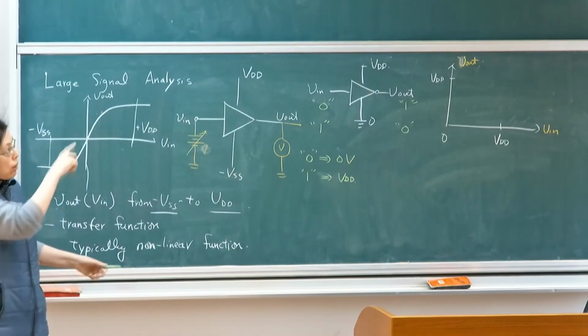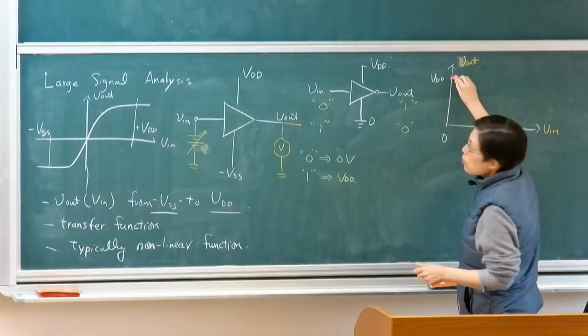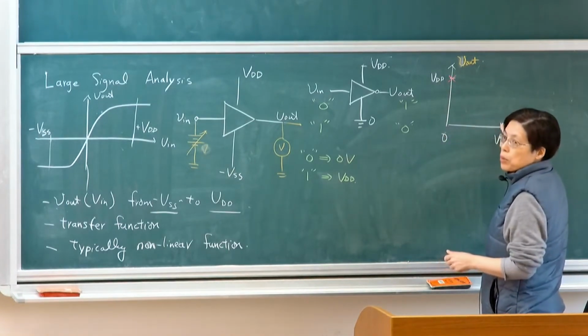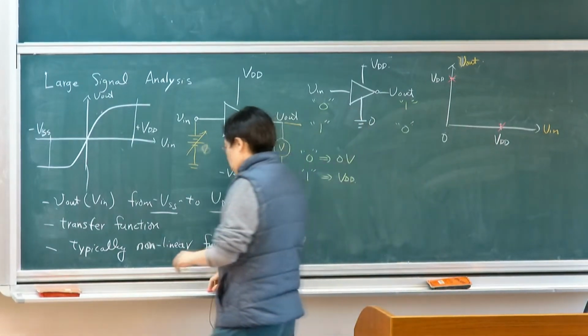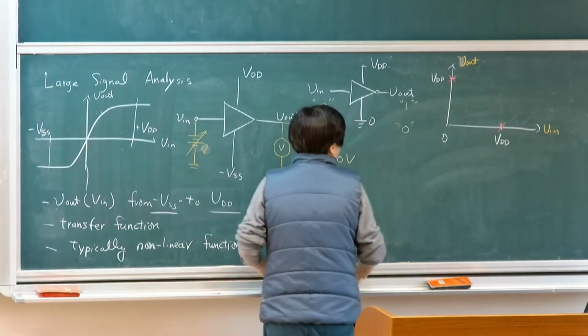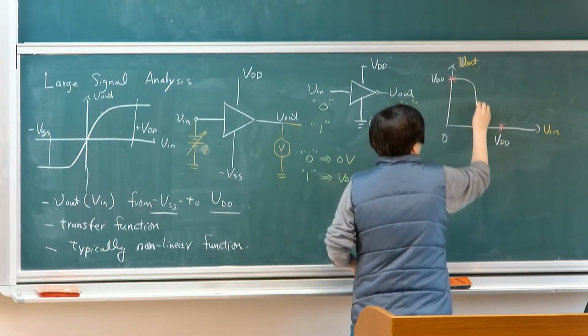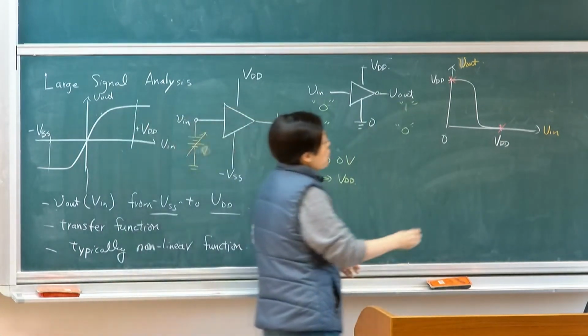So I at least know 2 points in this plot. When the input is 0, the output is supposed to be VDD. When the input is VDD, the output should be 0. So these 2 points. But if I actually do the plot, it will be something close to this. If you look at a good inverter, that will be your transfer function.